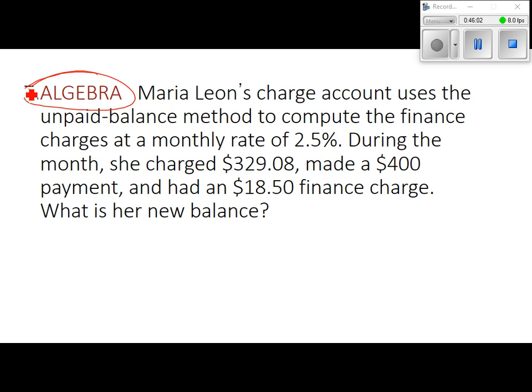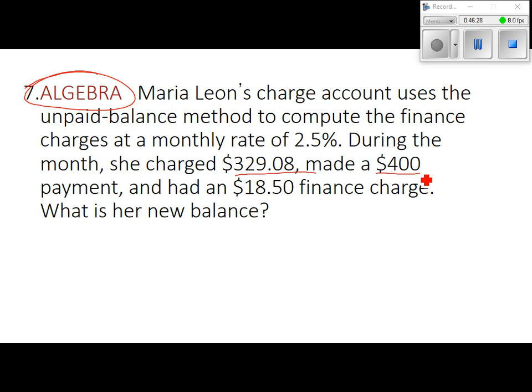So it says her finance charge at the monthly rate of 2.5%. During the month she charged that, made a $400 payment, and had an $18.50 finance charge. What is her new balance? Would you add all those up, the 329, 400, and the 18? Do we add these two?